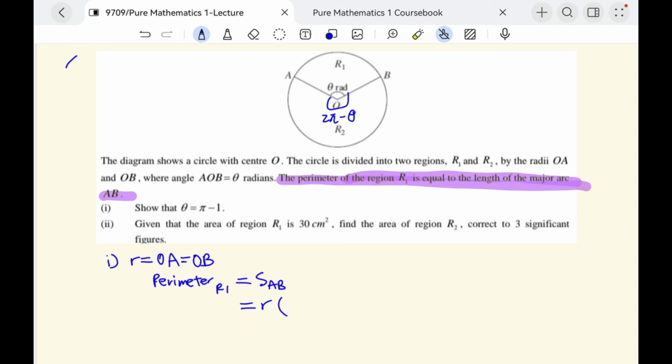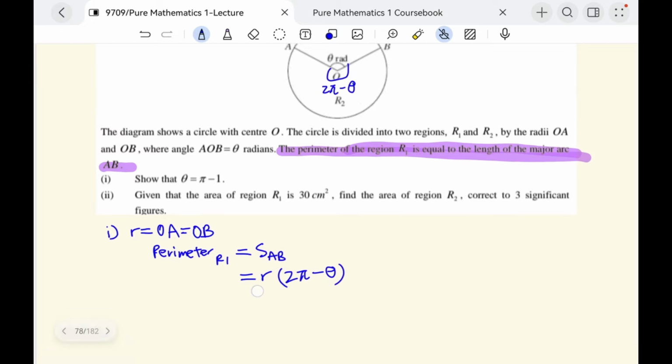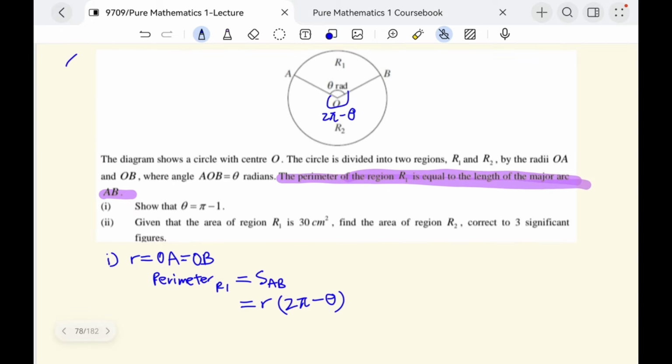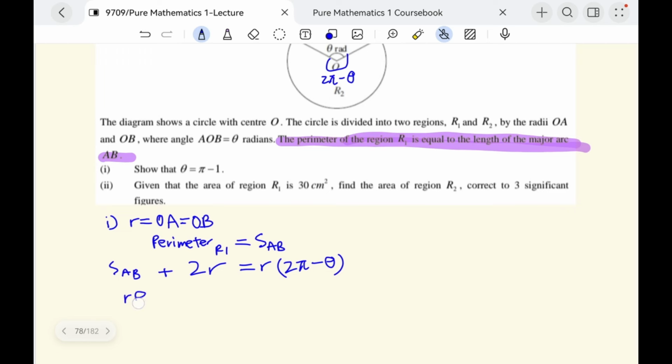So for the angle you write 2 pi minus theta. For the perimeter, it is the sum of the arc length AB and 2R. What is the arc length of AB? It is R theta only.